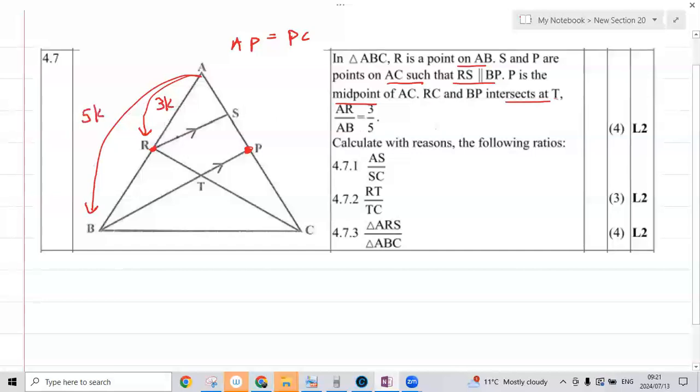So we will use variables now to work with ratio and proportion. AR is 3K and AB is 5K. If you want to work out RB, that'll be 5K minus 3K, and that will give us 2K. So 2K plus 3K equals 5K. That's one thing that we can do.